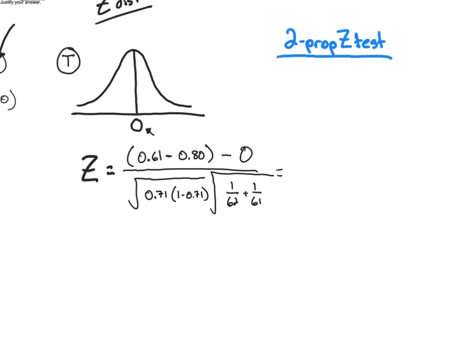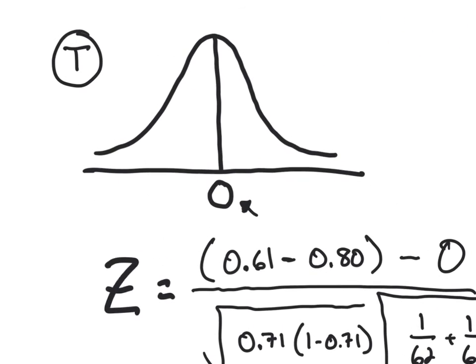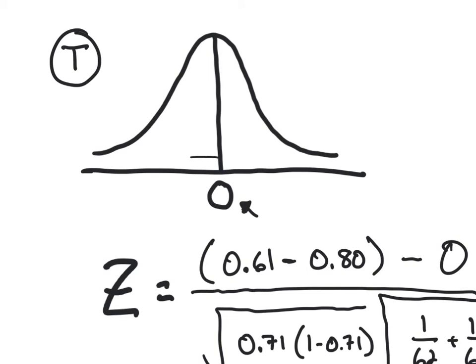Okay, so that's what it would look like. Do I need to actually calculate that out? No, go back and look at your calculator. It already tells you what it is, negative 2.32. So watch this. I'm going to cheat a little bit, right? I'm going to go here, negative 2.32.